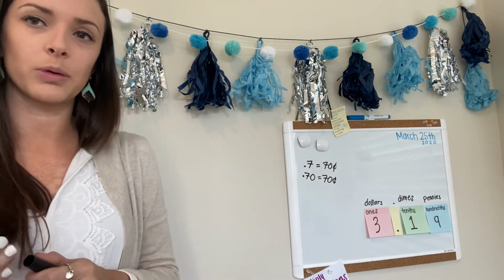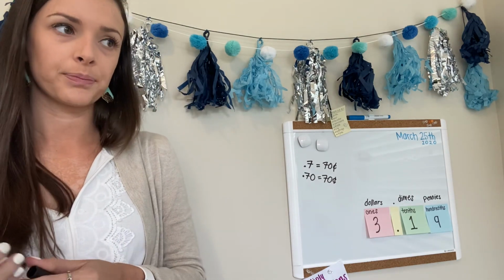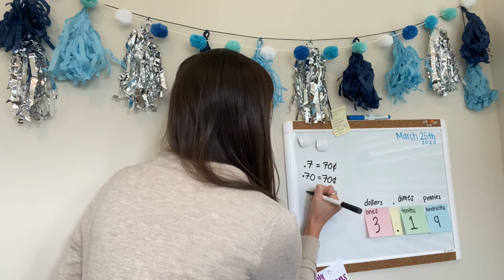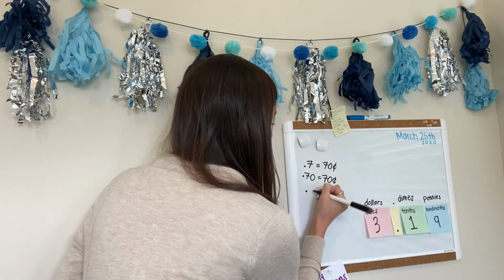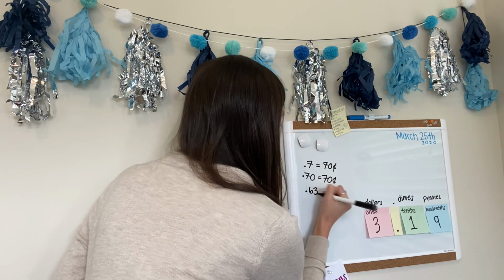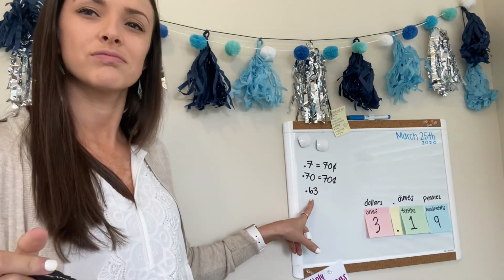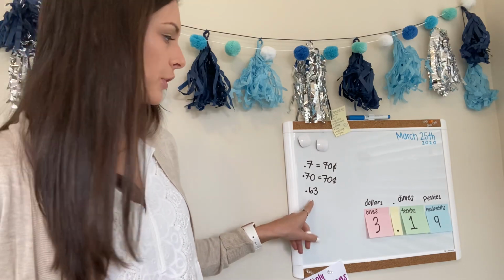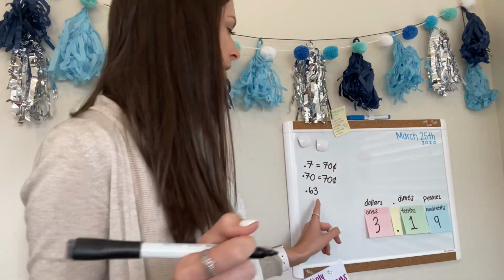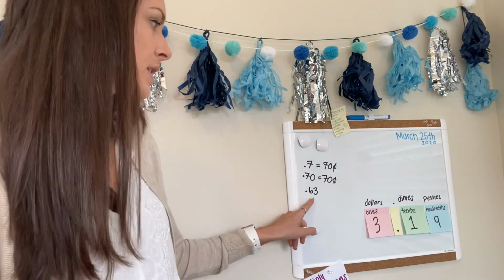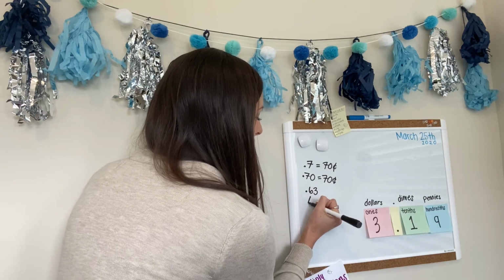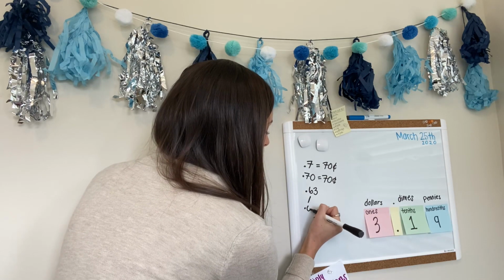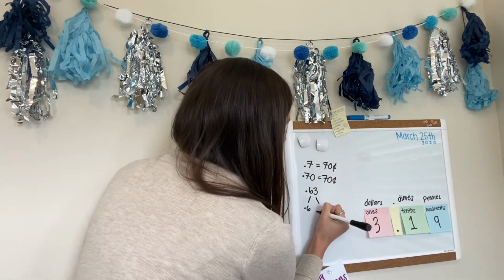So let's go ahead and try that with something different. Let's say that I wanted you to show me, what does that say? If you're thinking that that says 63 hundredths, you're correct. So 63 hundredths, I'm going to decompose it real quick, is composed of 6/10 and 3 hundredths.